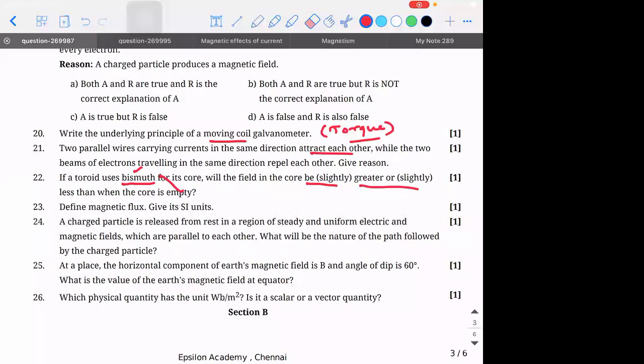Paramagnetic and ferromagnetic are similar, where paramagnetic is very much weaker compared to ferromagnetic. A ferromagnetic substance will support the external magnetic field, meaning it will get aligned in the direction of the external magnetic field, whereas a diamagnetic substance will align itself opposite to the external magnetic field. Now tell me what the answer will be. Will the field inside the toroid decrease or increase?